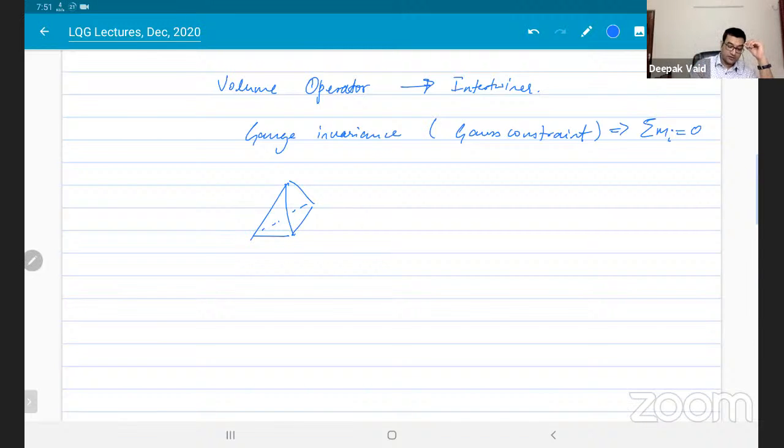So if you have 4 face normals n1, n2, n3, and n4, then a tetrahedron satisfies this condition, the sum over i equal to 1 to 4 of the normals vanishes, and this is true for any polyhedron. And this is equivalent to this closure constraint in terms of these magnetic quantum numbers.